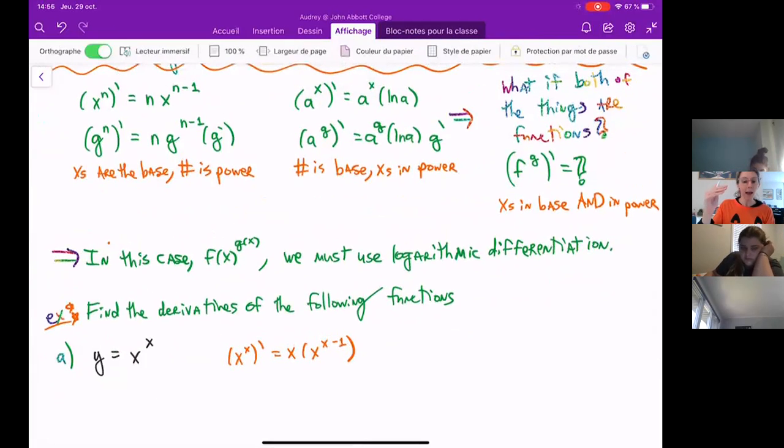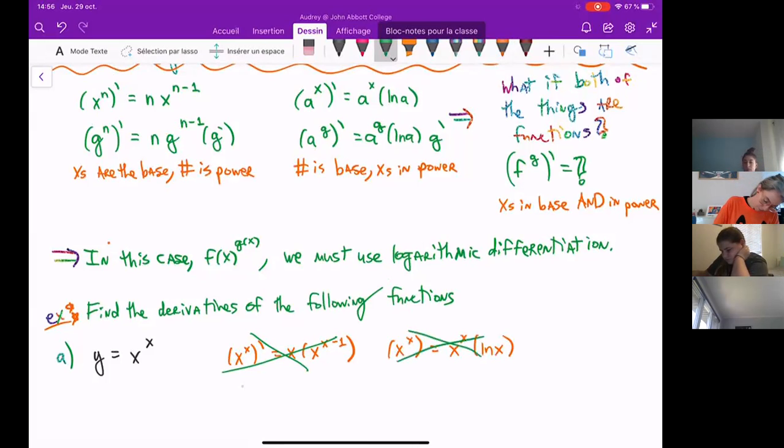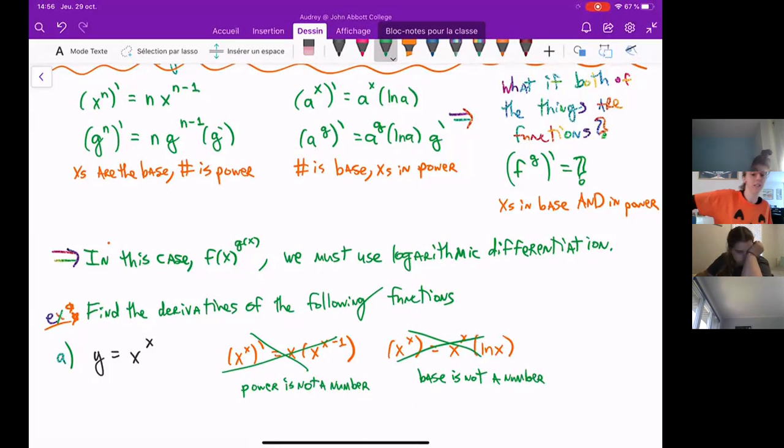The power is an x, it's not a number. So this is not okay. And I can't say x to the x is equal to x to the x times ln x, because this is not the second thing, because my base is not a number. So we have to use logarithmic differentiation here. That's going to be the method that we have for dealing with this when it happens.